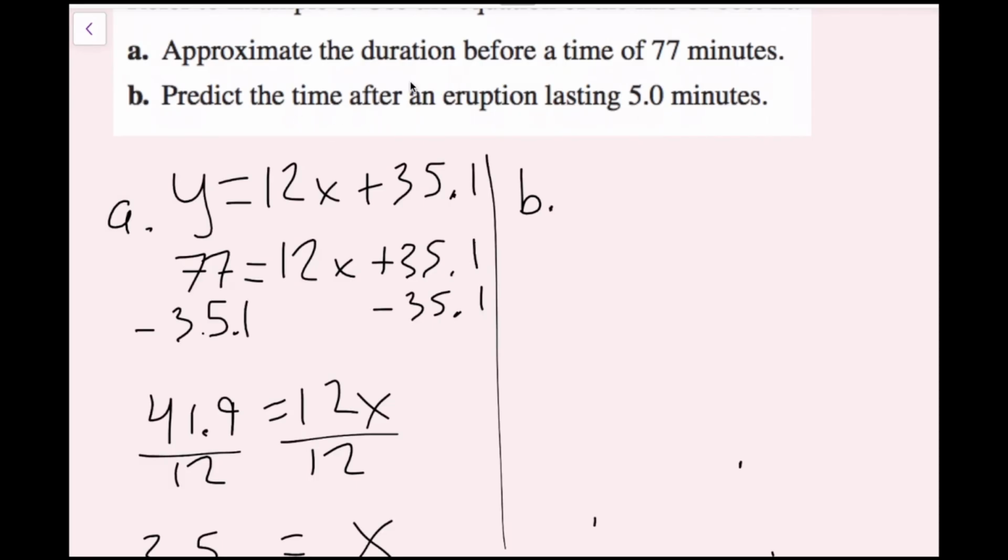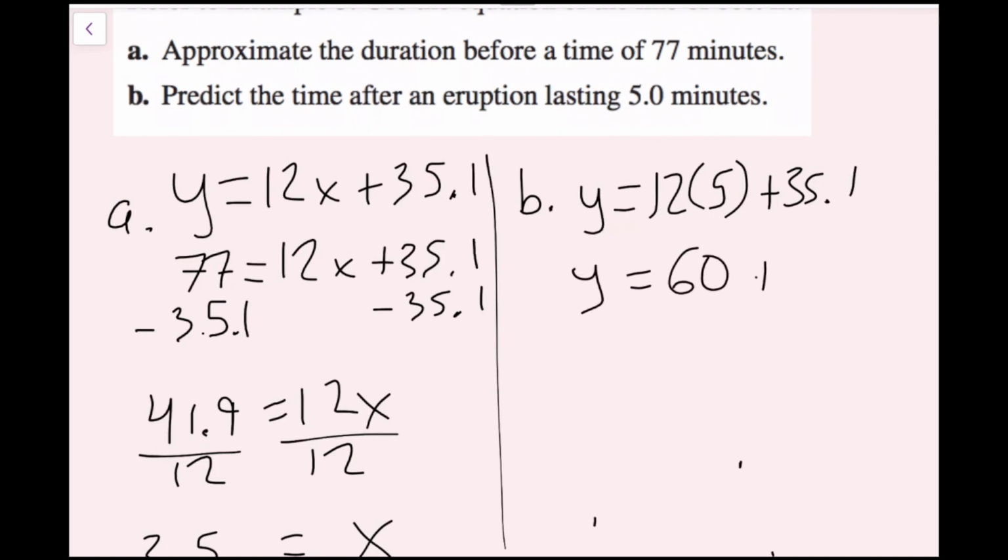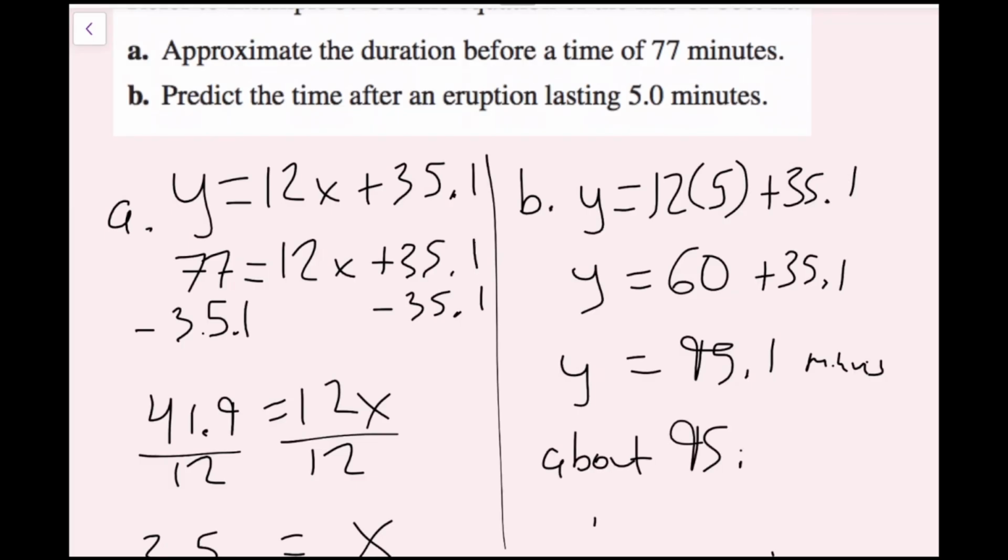So I'll do the equation: y equals 12 times 5, because that's the number of minutes that the eruption lasted, plus 35.1. This is going to be pretty easy without a calculator. We get 60 plus 35.1, and that gives us 95.1 minutes. You could drop the decimal and just say about 95 minutes until the next one. And now we're done with this one.